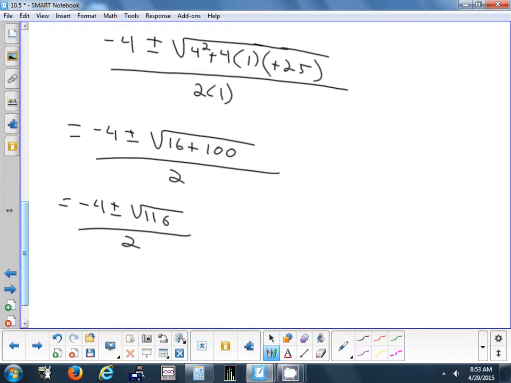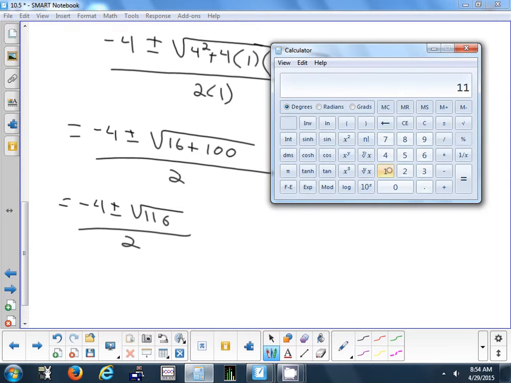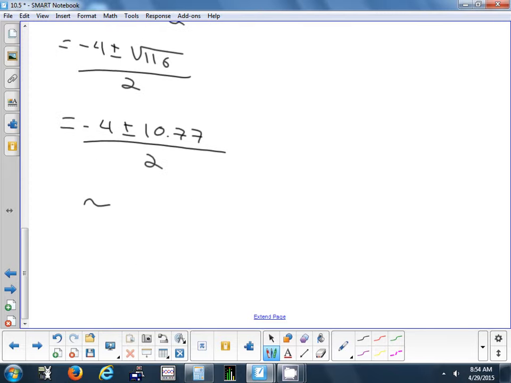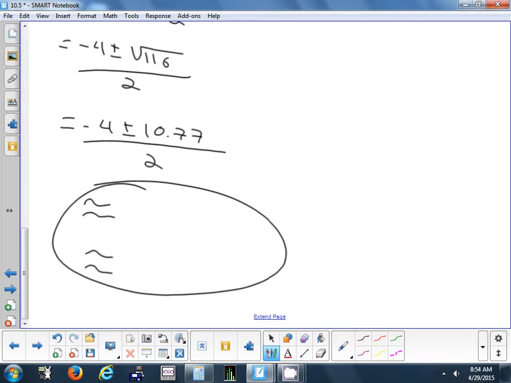Okay, let's keep going. I think we'll round it off because the square root of 116 is not going to come out nice. So let's figure out what that is. 10.77. All right, so our two answers we're going to get, it's negative 4 plus 10.77 divided by 2.